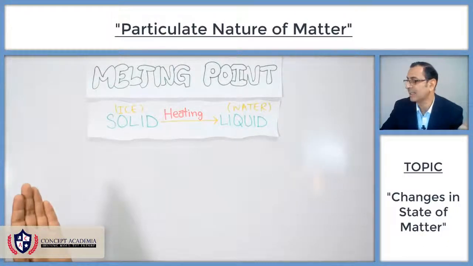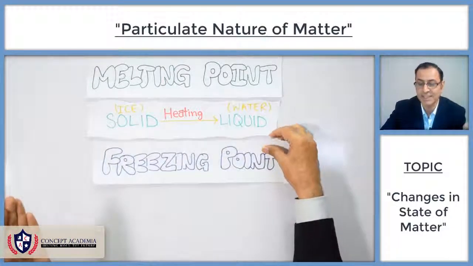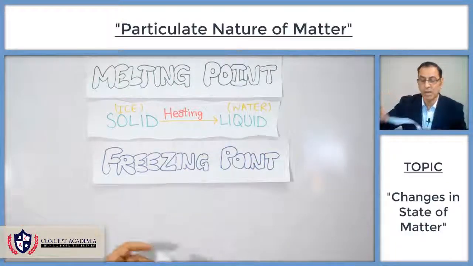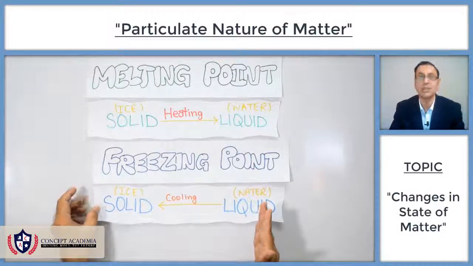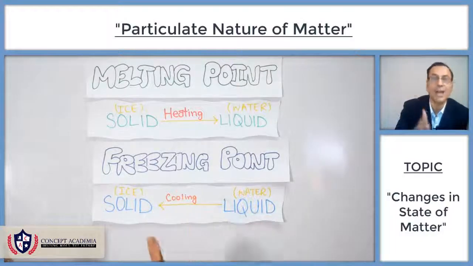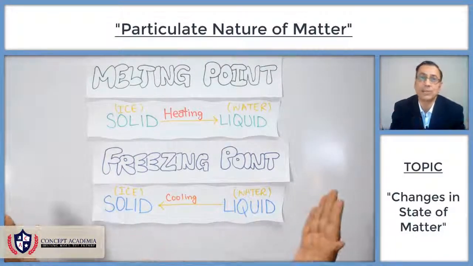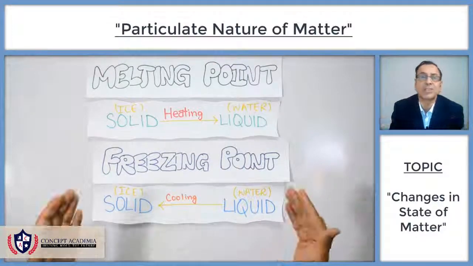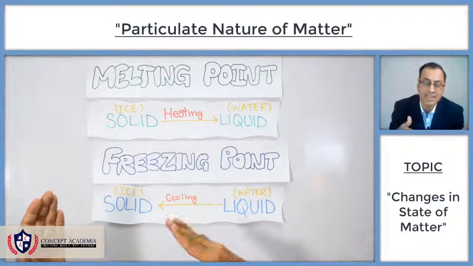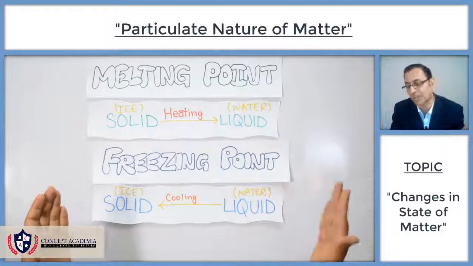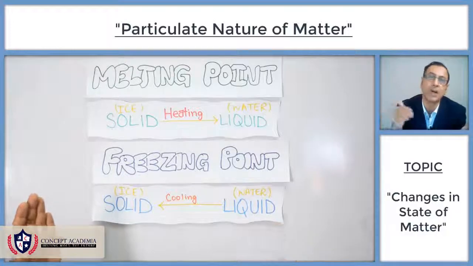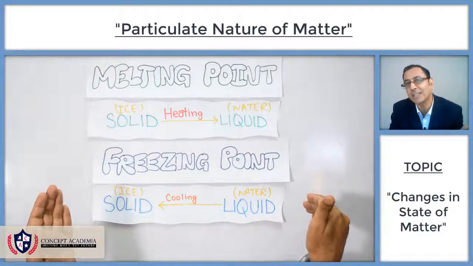And the next is the freezing point. It is the reverse of the melting point. When we cool down liquid water, it converts into ice. That is also 0 degrees centigrade. So sometimes it is confusing that the melting point of ice into water is 0 degrees centigrade, and the freezing point of liquid water into ice is also 0 degrees centigrade.